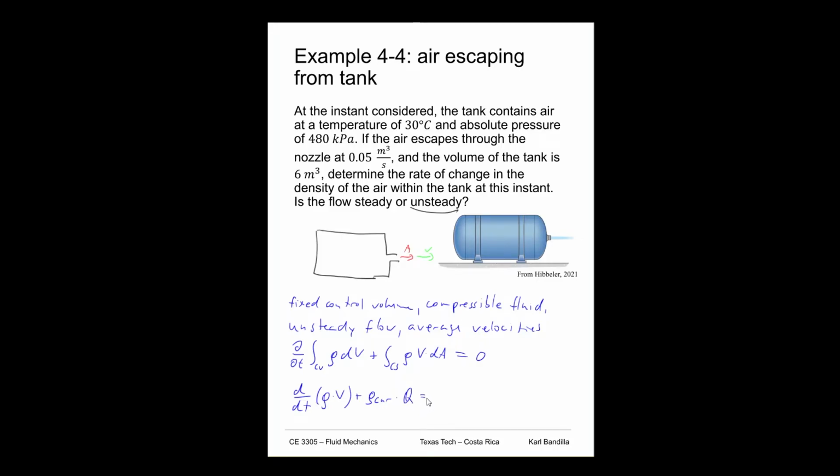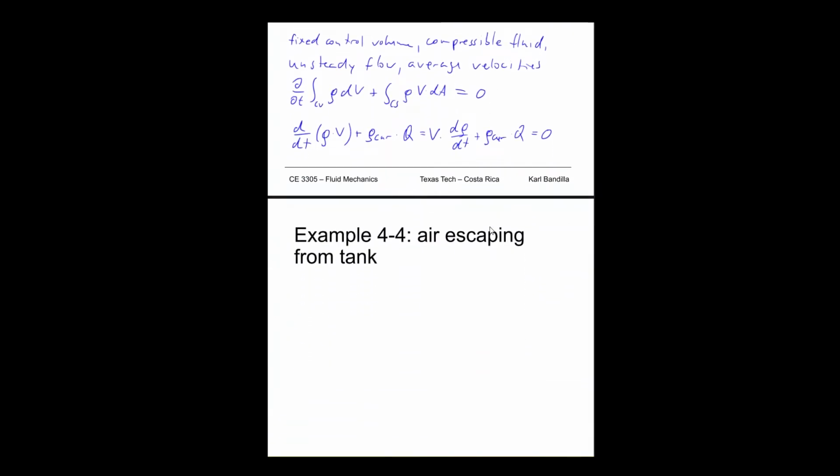So we can also say that the volume is not changing, so we can pull that out. This will be the same as V times d rho/dt plus the current density times Q, and all that has to be equal to 0. And of course, d rho/dt is what we're looking for, so we can solve that for d rho/dt.